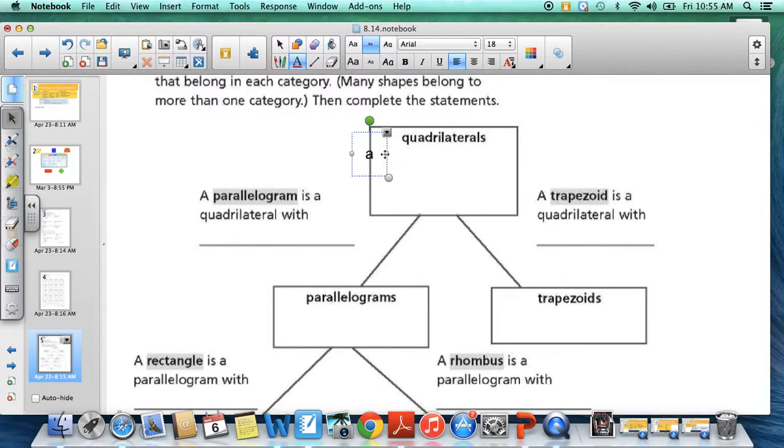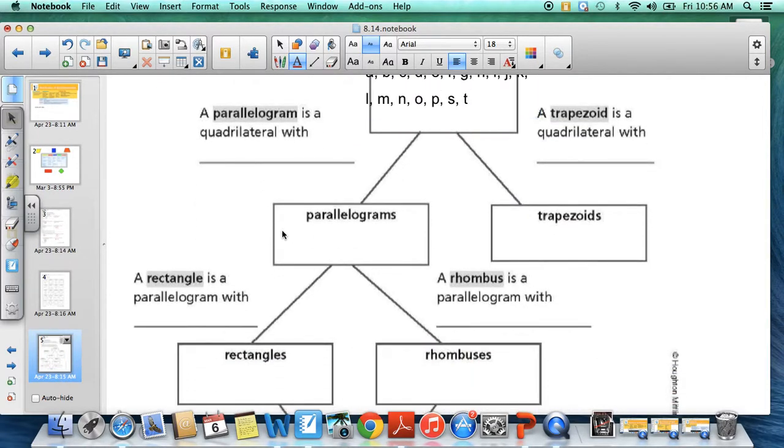We have A, B, C, D, E, F, G, H, I, J, K, I think you guys are getting the flow, L, M, N, O, P, S, T.